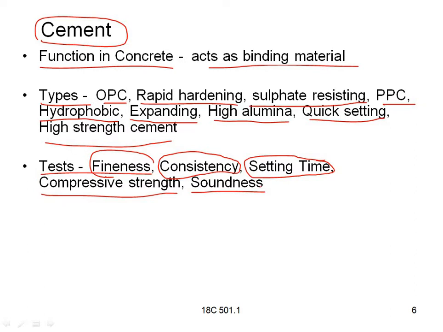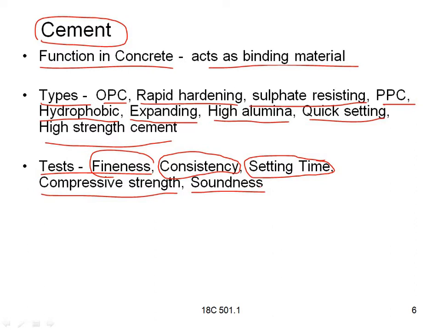Fineness means the fineness of the cement will be known, that is, how fine the cement is. It will be done by the test. And the consistency and setting time tests are known as the cement setting time.